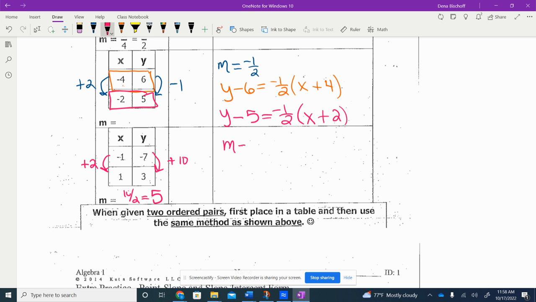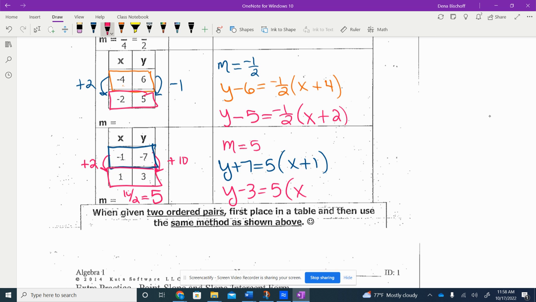So Eli, you want to give me one equation? x plus 1. Yes, sir. Perfect. Okay. Brody, you want to do the second equation that could have come from that table? Y minus 3 equals 5 times the quantity x minus 1. Awesome. Good job.